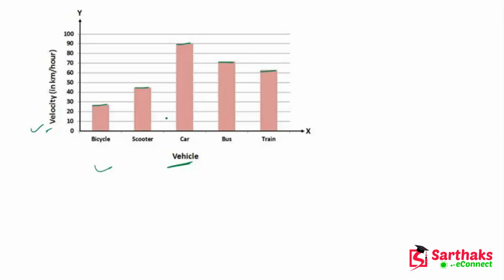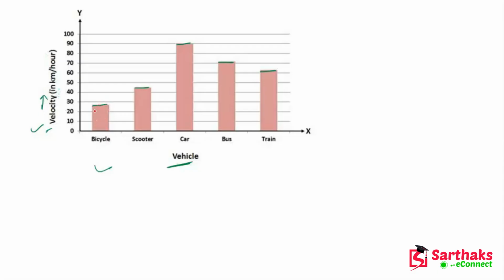The variable quantity is represented on one of the axes. Here the variable quantity is velocity, which is represented on the y-axis. I hope you understand these things.